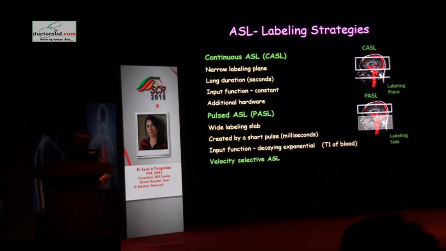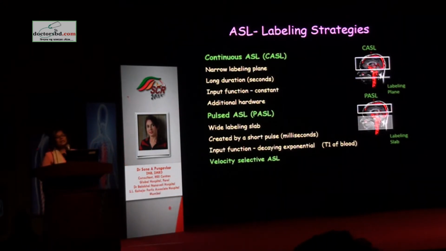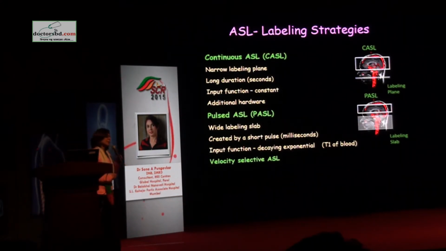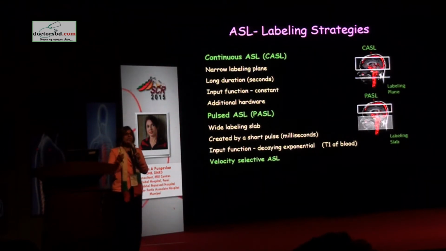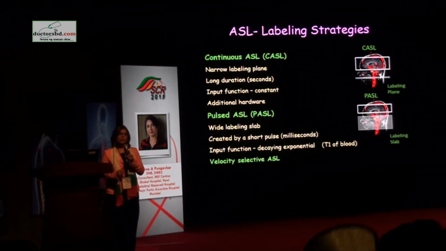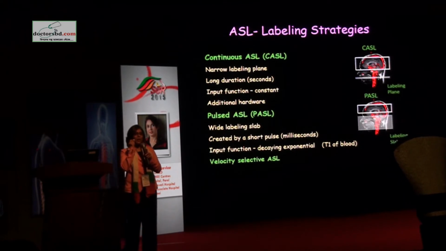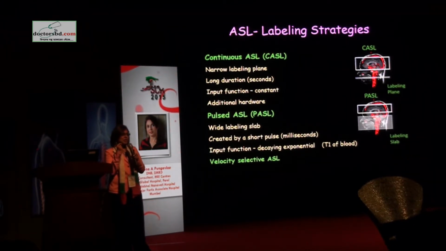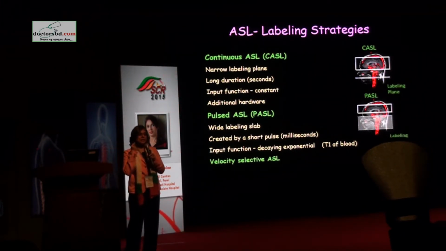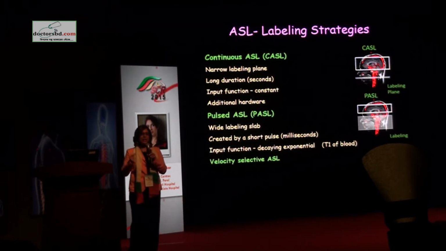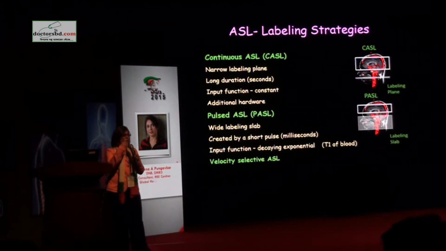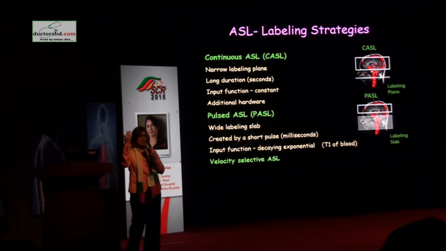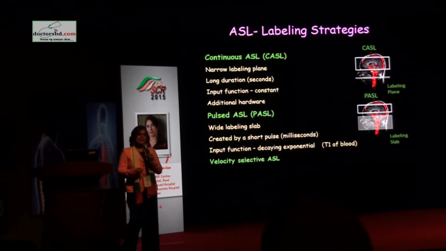But before that, a word about velocity selective ASL. This is a very exciting technique that is available. Eventually, as progress is being made, what we will find is that you tag the blood in one artery in the neck, say for example you tag the left internal carotid artery, you will be able to see the blood flowing through only the left internal carotid artery. So it will be like DSA imaging.